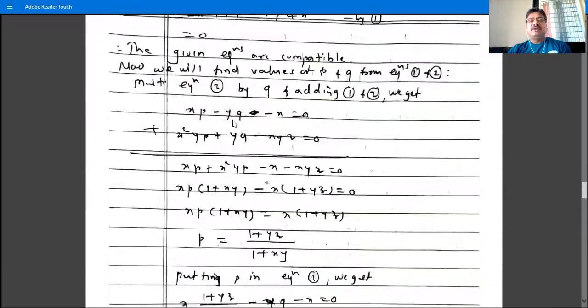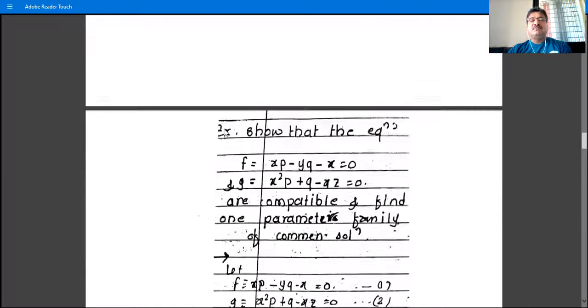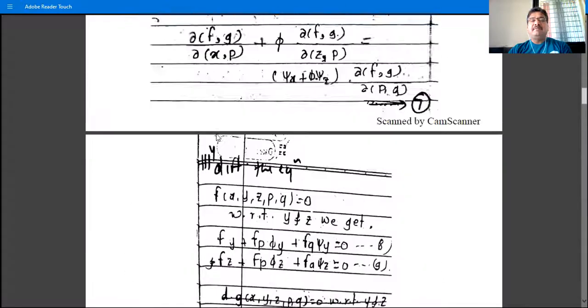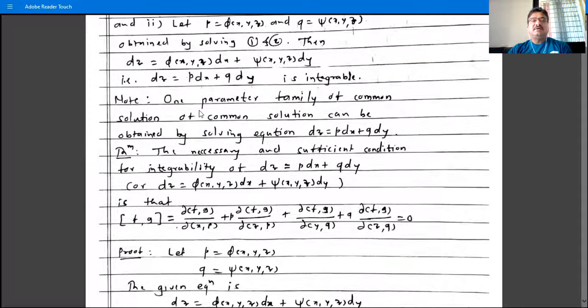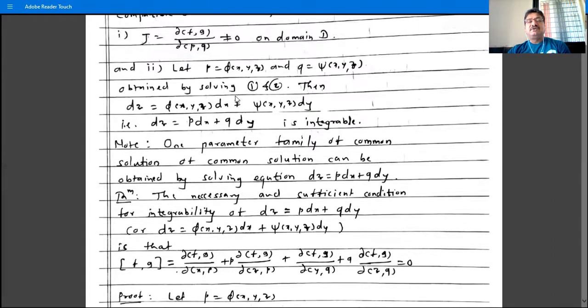So we know how we can find a one parameter family of common solutions. Here is the note: a one parameter family of common solutions can be obtained by solving the equation dz = p dx + q dy. So now we will find p and q by solving equations 1 and 2.